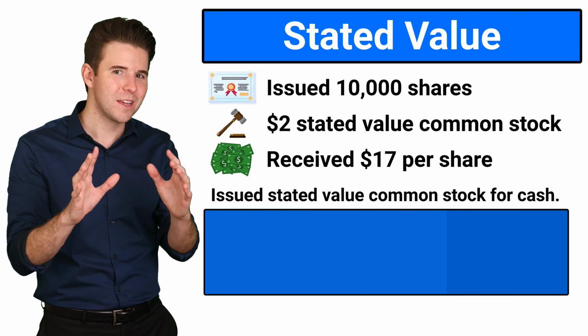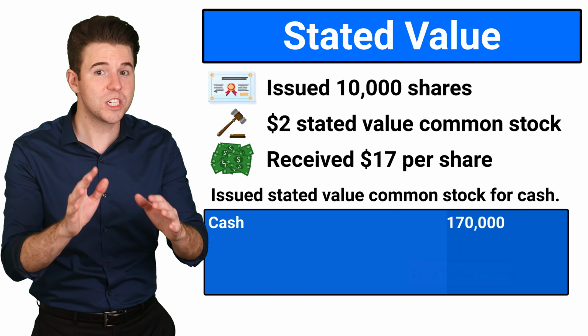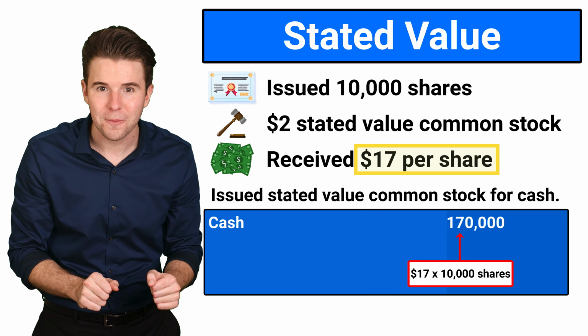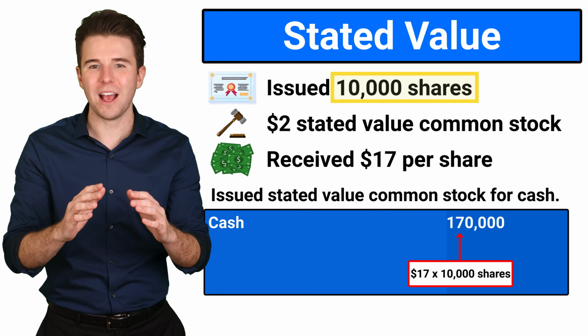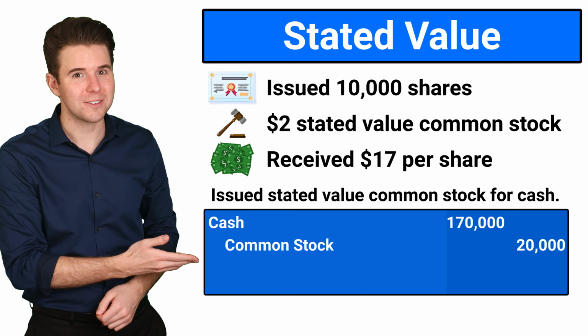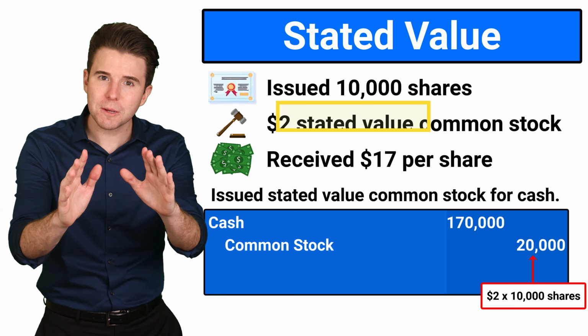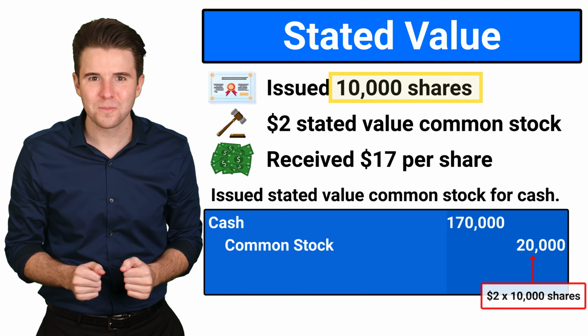In this case, we debit cash for $170,000, which is the $17 per share multiplied by 10,000 shares. We credit common stock for $20,000, which is the $2 per share stated value multiplied by 10,000 shares.